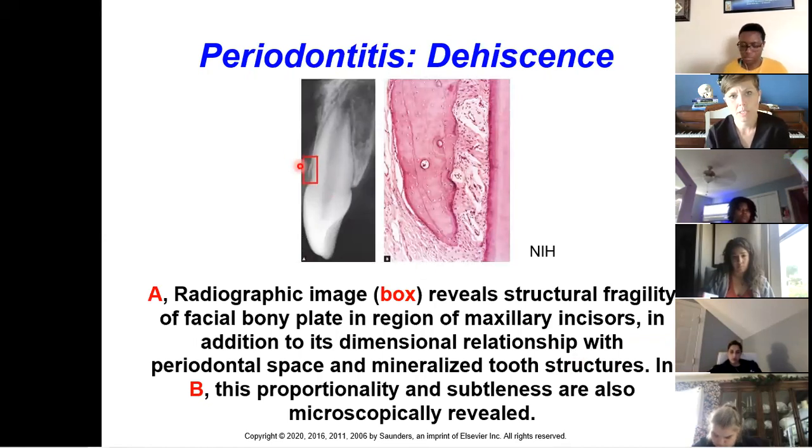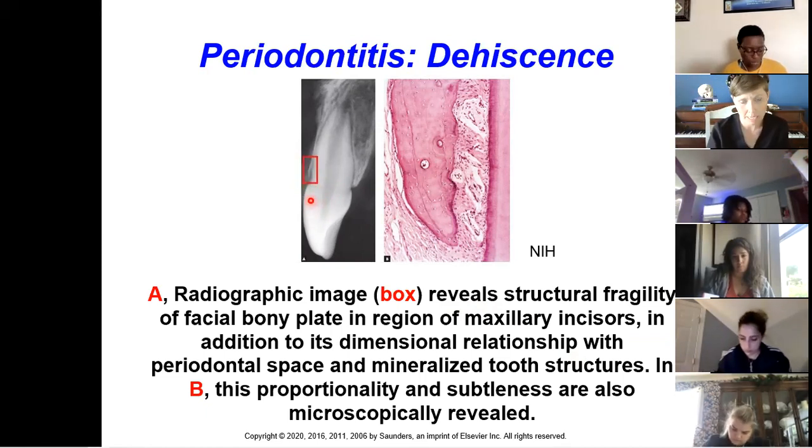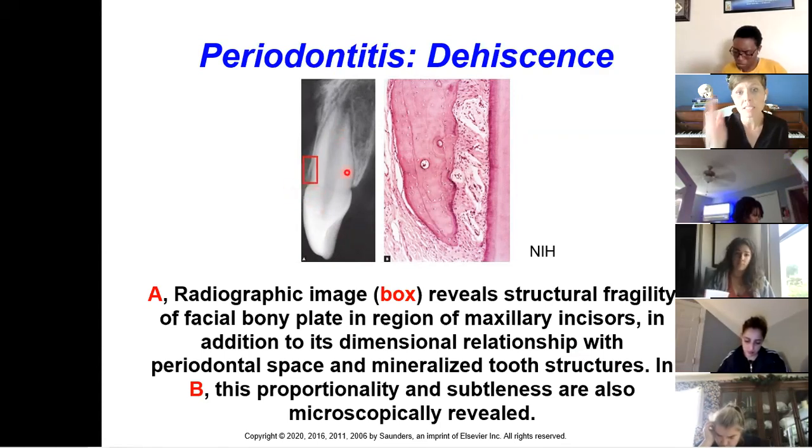Here you go. This reveals the structural fragility of the facial bone plate in the region of the maxillary incisors, in addition to the dimensional relationship with periodontal space and mineralized tooth structures. So this is a CT scan or a cone beam.